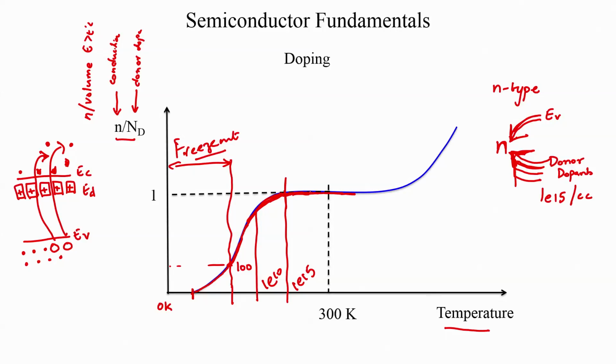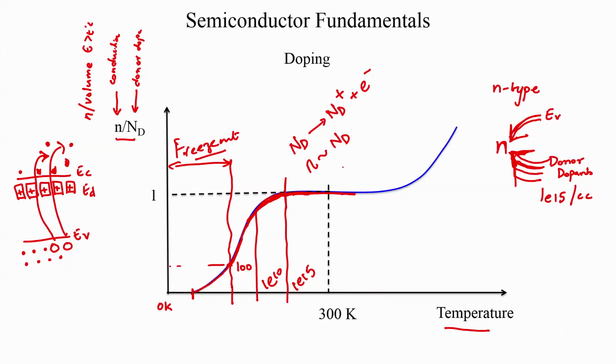So, basically what happens at this temperature is all the Nd donors have all ionized, they have all become Nd plus and have contributed an electron, and therefore, N matches the donor concentration.